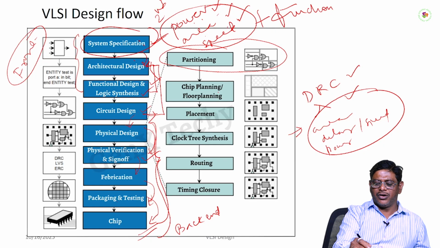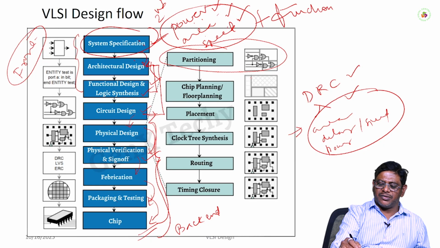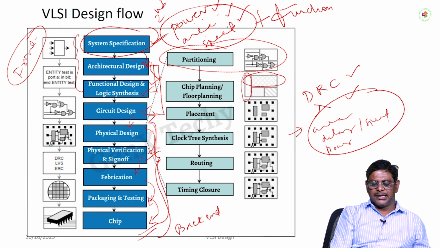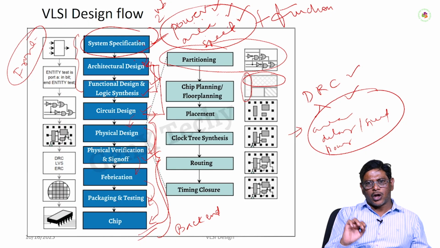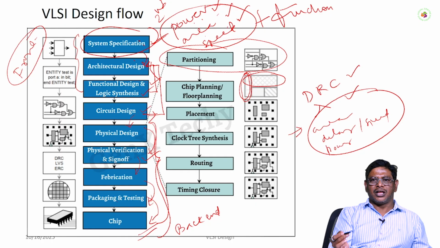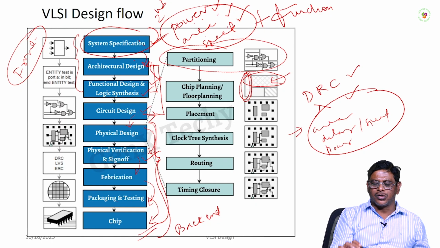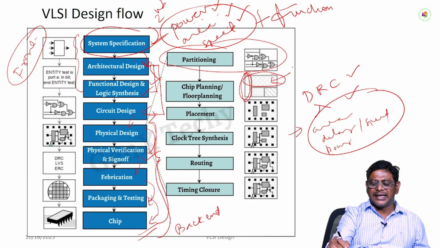Next, we go for floor planning, and whatever components are taking an equal amount of power, we keep at one place, so that we need not apply the same voltage again and again for different places. So components which have an equal amount of logic can take only a single voltage.